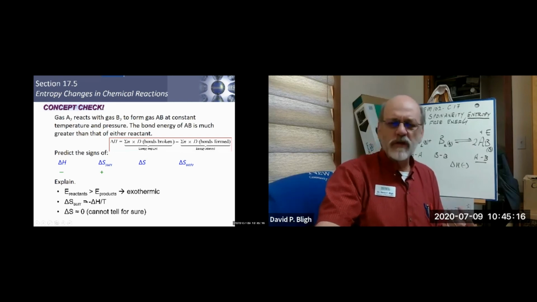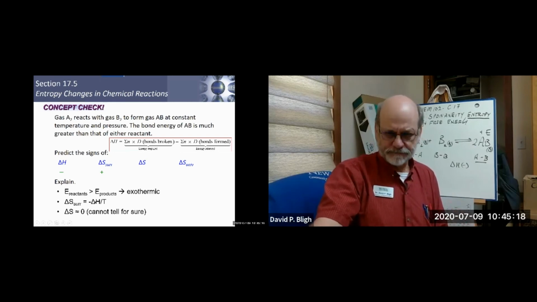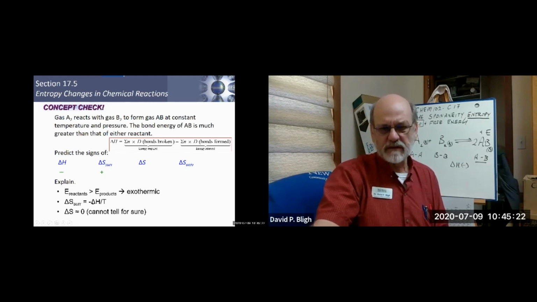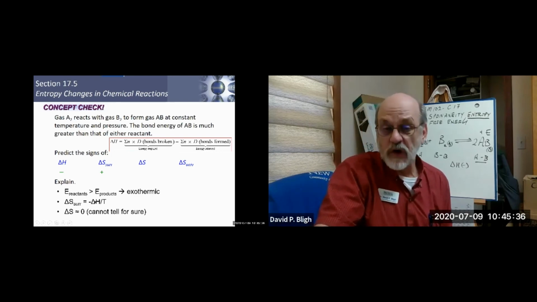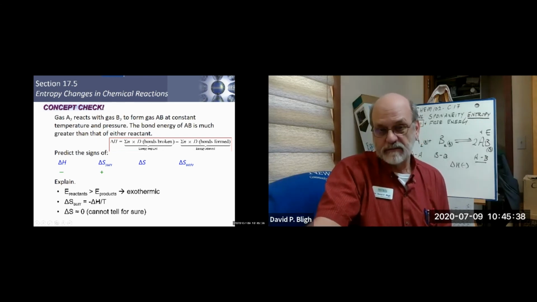So if we know that delta H is negative, and the temperature is constant, then delta H is negative times a negative makes positive surroundings. Right? So there's your positive surroundings derived from that expression, simply because we know that delta H is negative. So that makes this term positive.